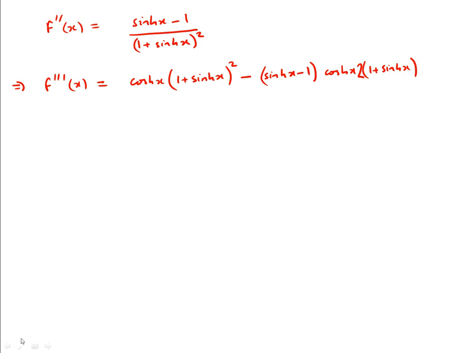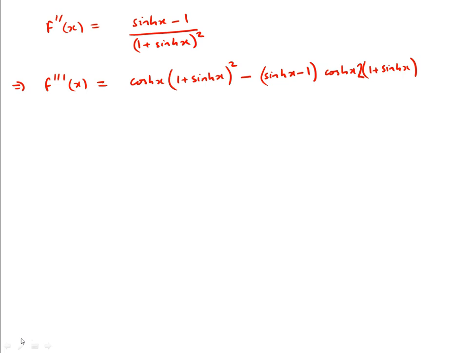Now to differentiate 1 plus sine x squared, we need to use the chain rule. The derivative of 1 plus sine x is simply cos x. The derivative of something squared is 2 times the something. So the derivative of 1 plus sine x squared is cos x times by 2 lots of 1 plus sine x.